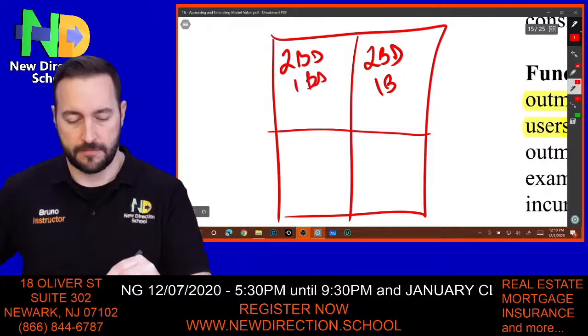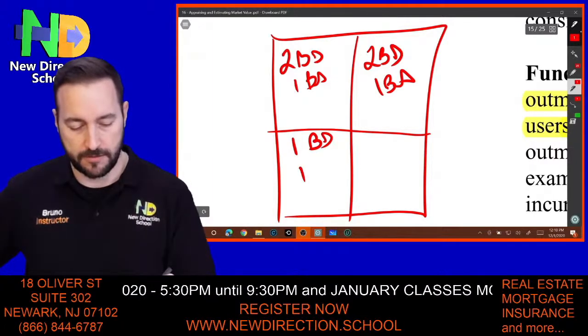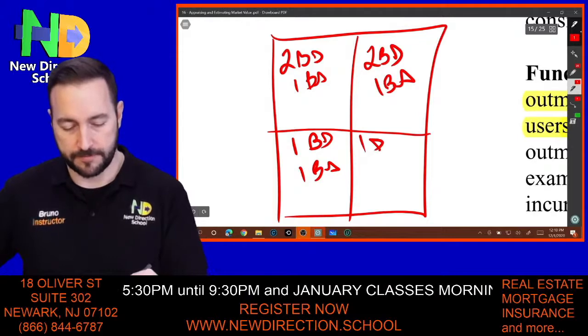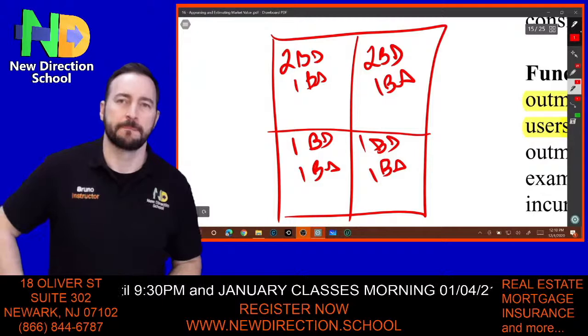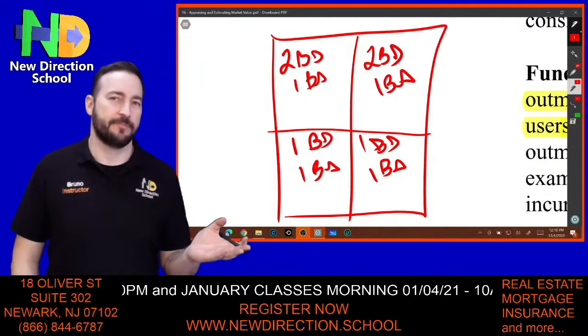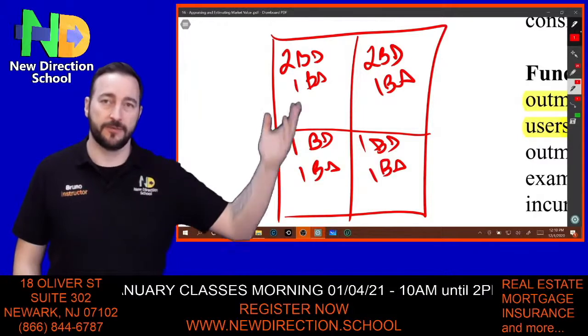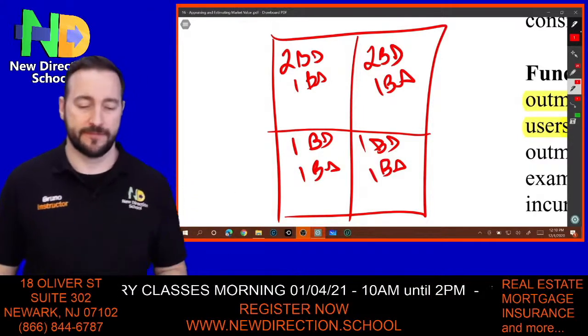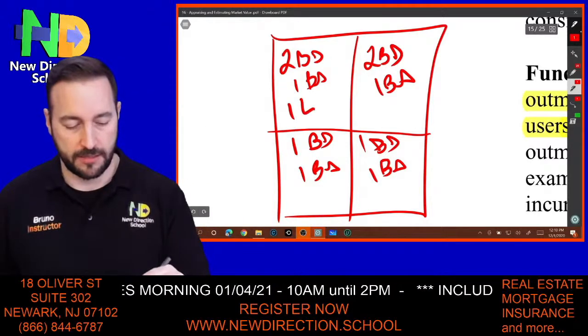And then here, he has 1 bedroom, 1 bath, 1 bedroom, 1 bath. Okay? You're probably thinking, how is that possible? It's a 4-family, most likely was built the same way in the bottom as it was at the top. Well, here's the difference. Here only has 1 living room.